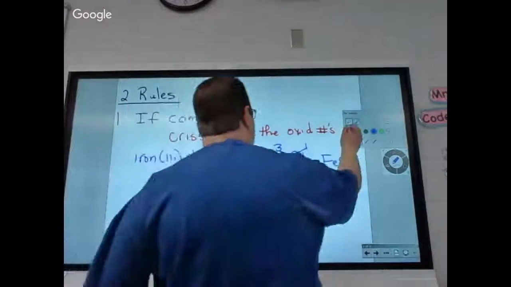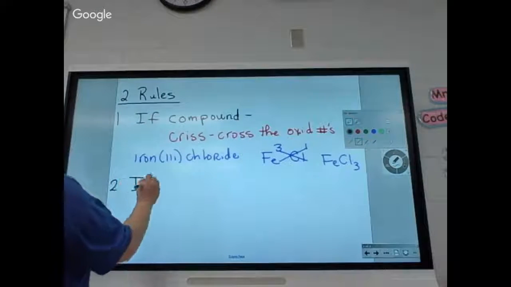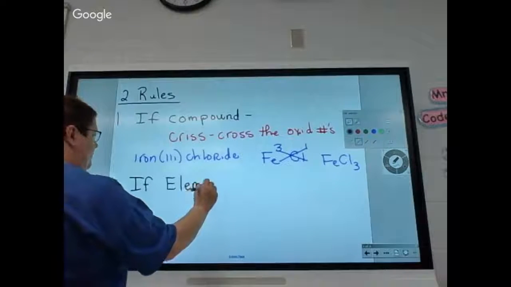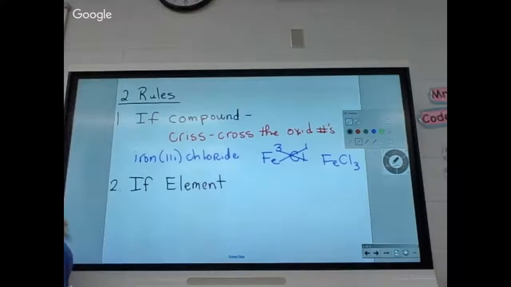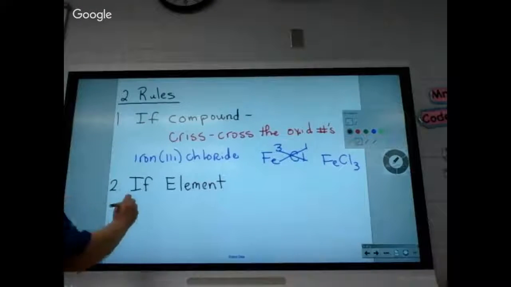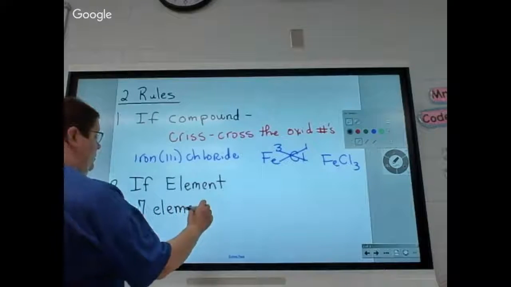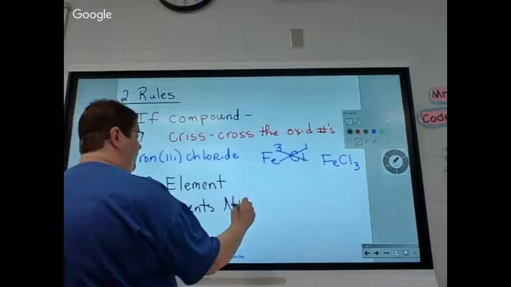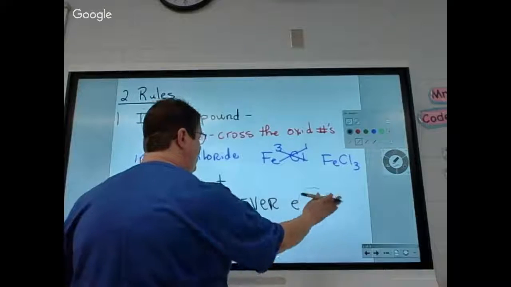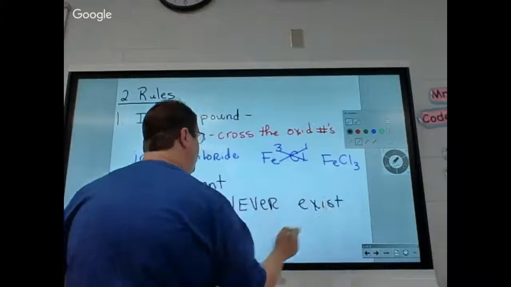Now, the new piece we're learning today is if it's an element. There are 7 elements that never exist alone.